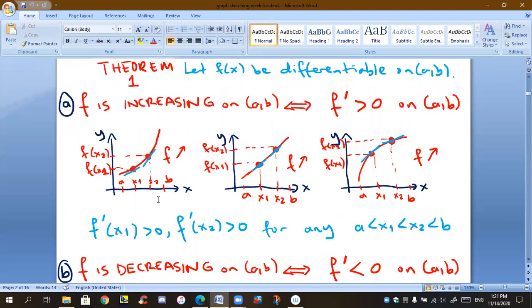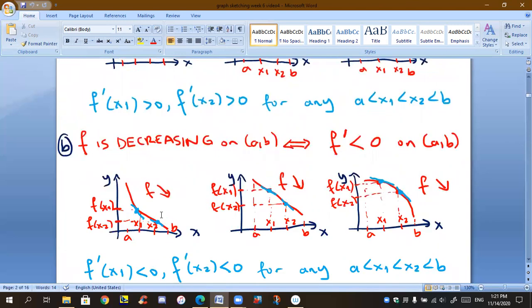A tangent line going upwards has positive slope, and positive tangent line slope means the derivative is positive. You can also go vice versa: if the graph of the function f always has positive tangent line slopes, then the function must be increasing.